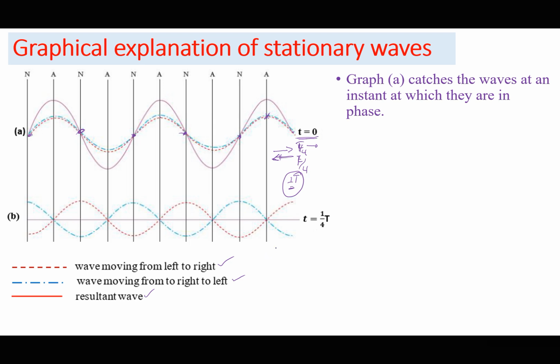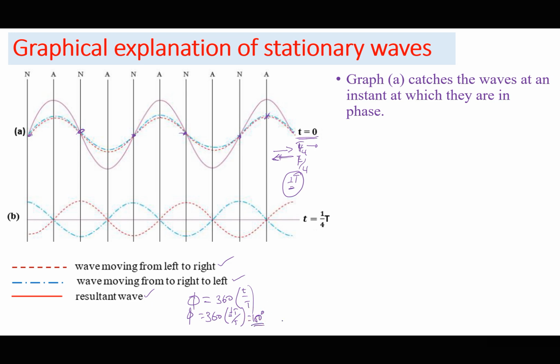If I try to find the phase difference between those two corresponding points, the phase difference is going to be equal to 360 degrees times the time out of step divided by capital T. So if the time out of step is now half a cycle, the phase difference is 360 times half a cycle divided by T, which gives us 180 degrees.